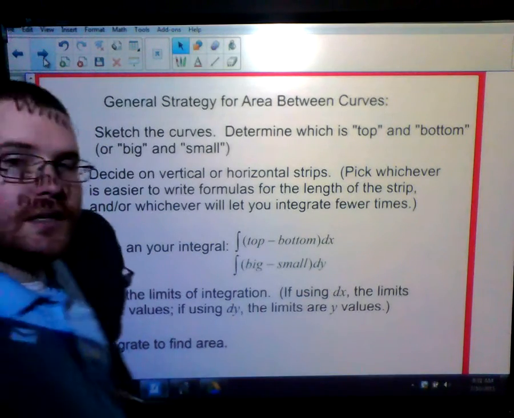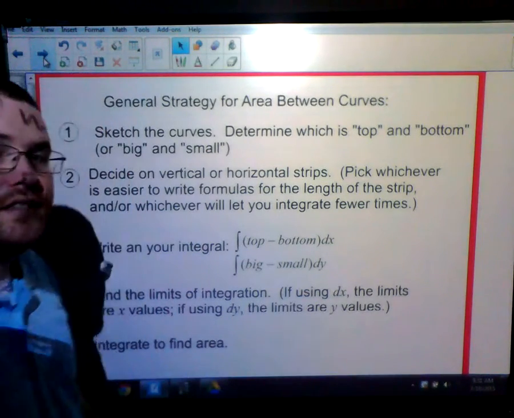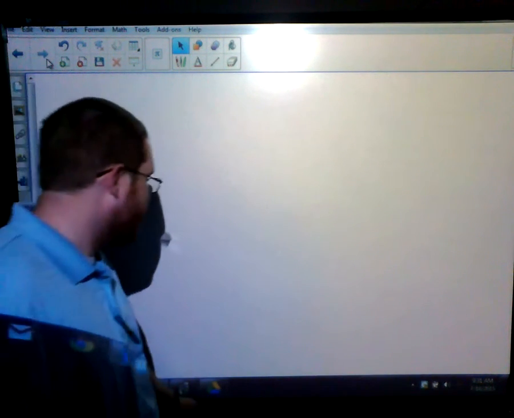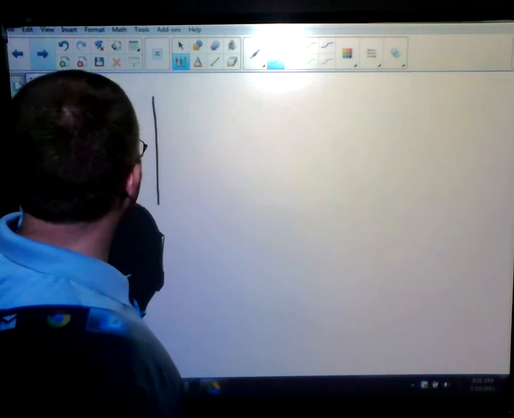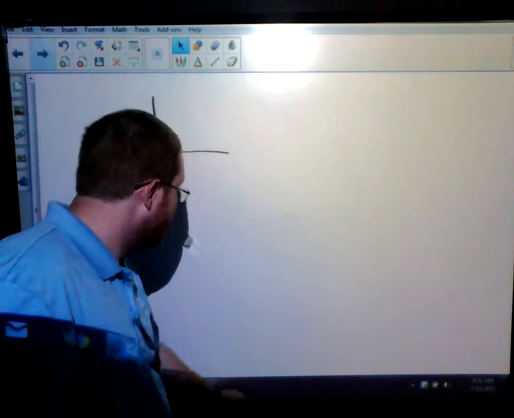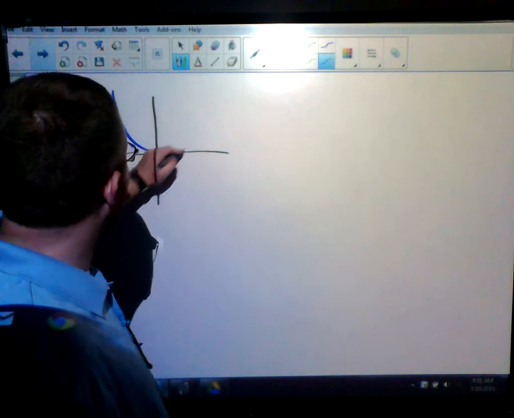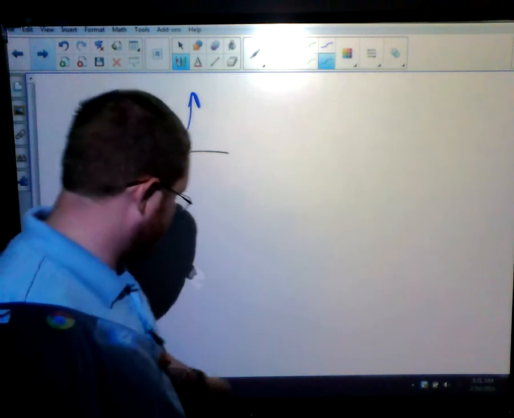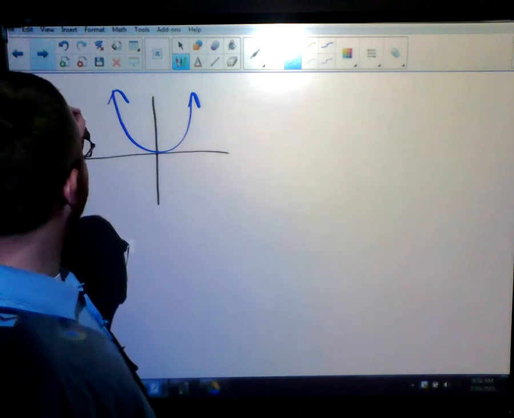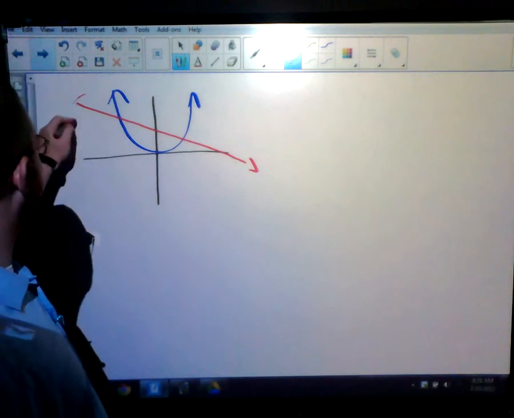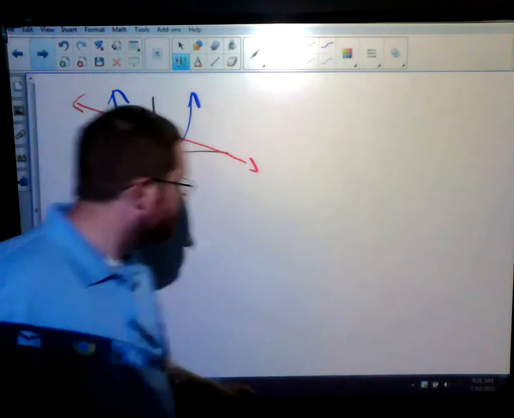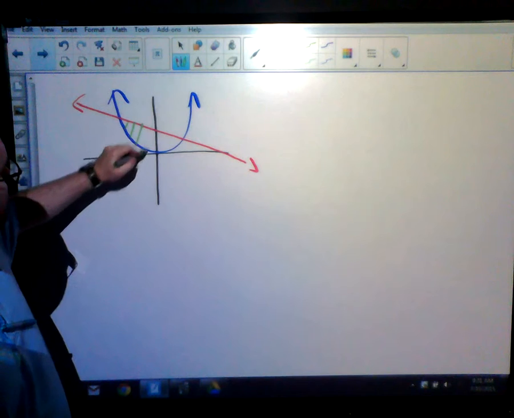This section is pretty simple. It's just about practice. When is an example of some time that you might want to use right minus left instead of top minus bottom? Well, let's say that you had a graph that looked like this. I have a parabola, and I have a line, and this is the area that I want to find.